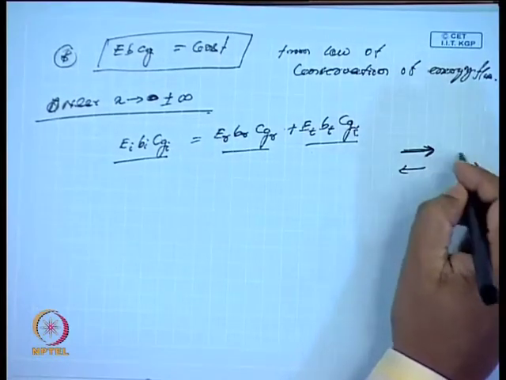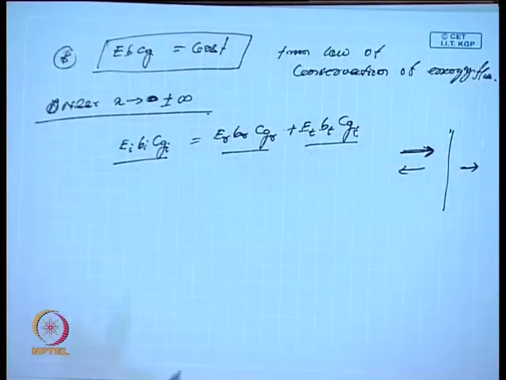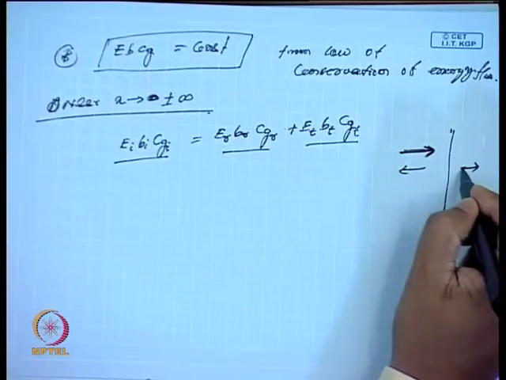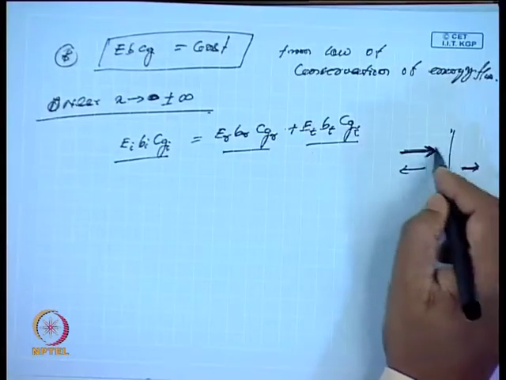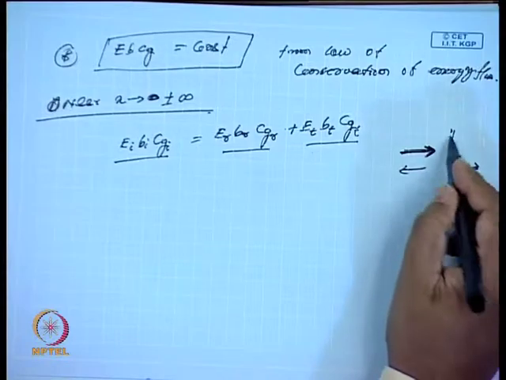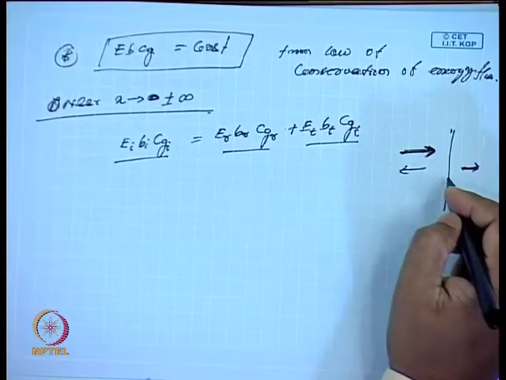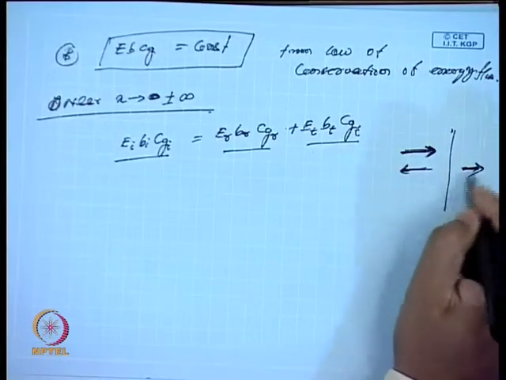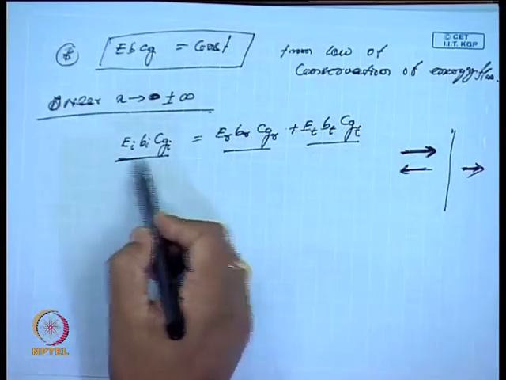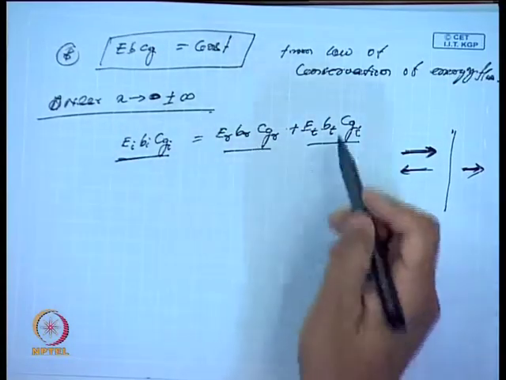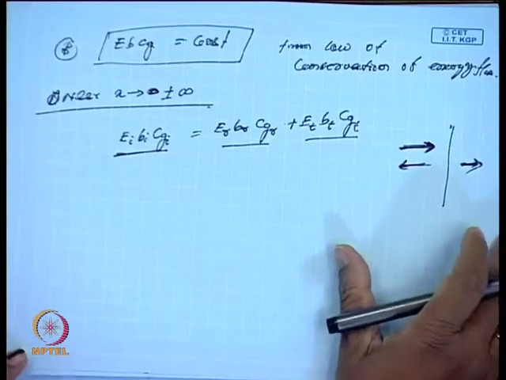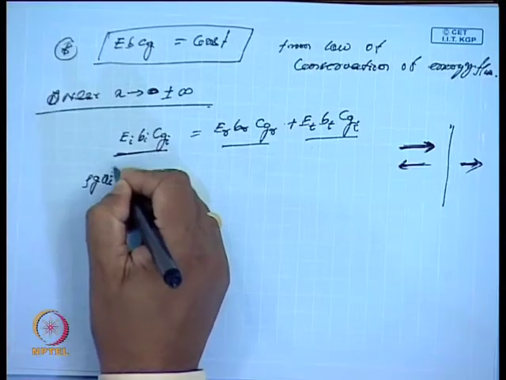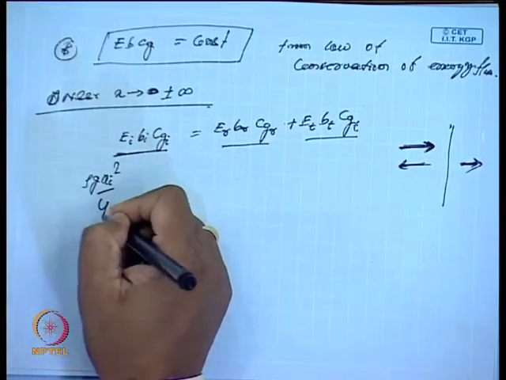Whatever energy approaches the location where the geometrical changes take place, the same amount of energy will be radiated outgoing from the same place. So, the incident wave energy is the same as the reflected and transmitted wave energy. If this is the case, then if I further simplify, E is rho g A I square by 4.